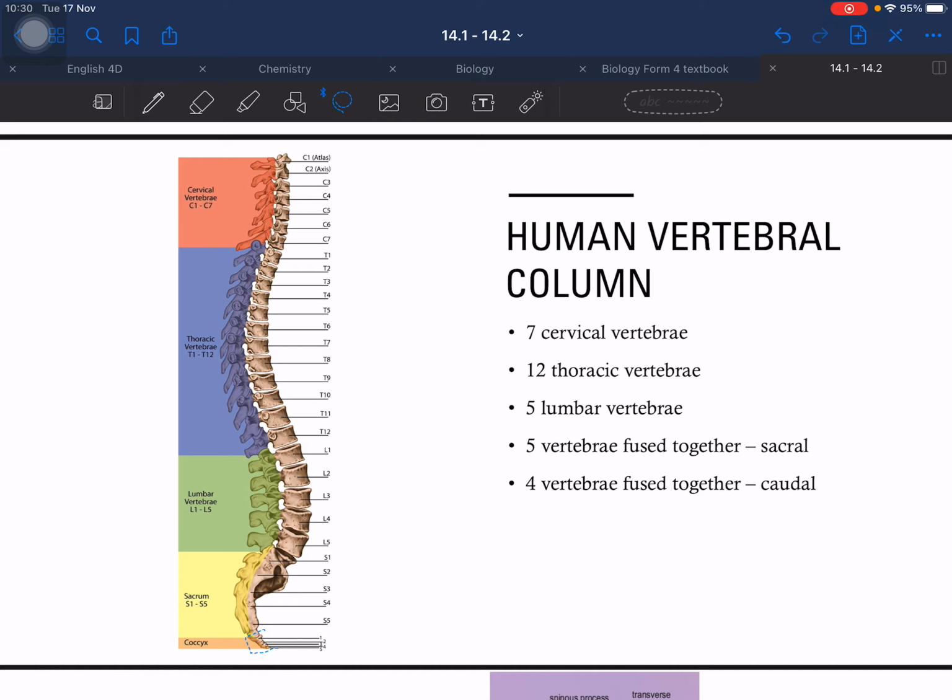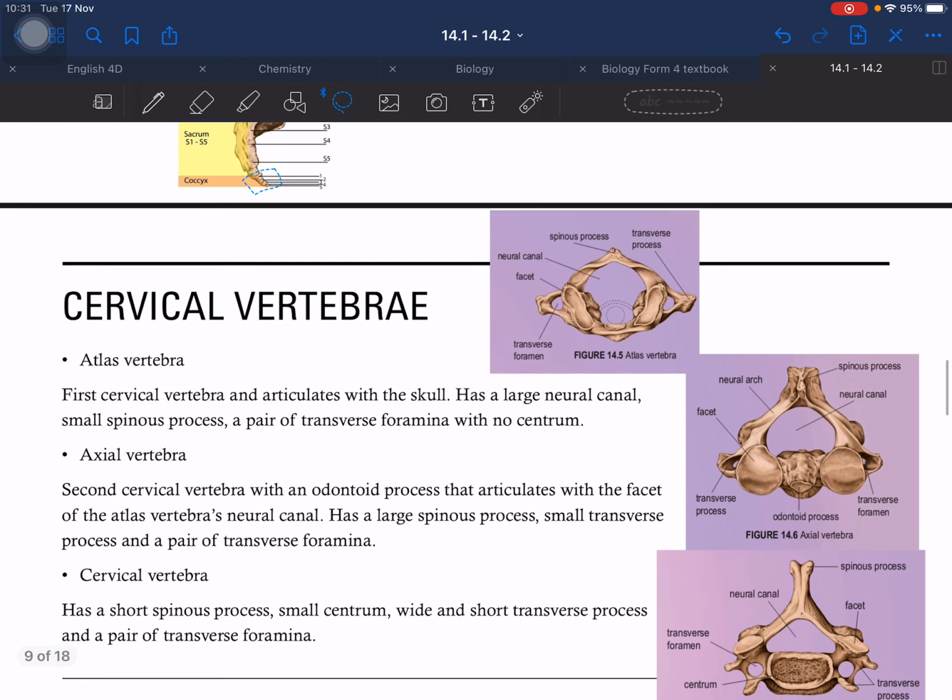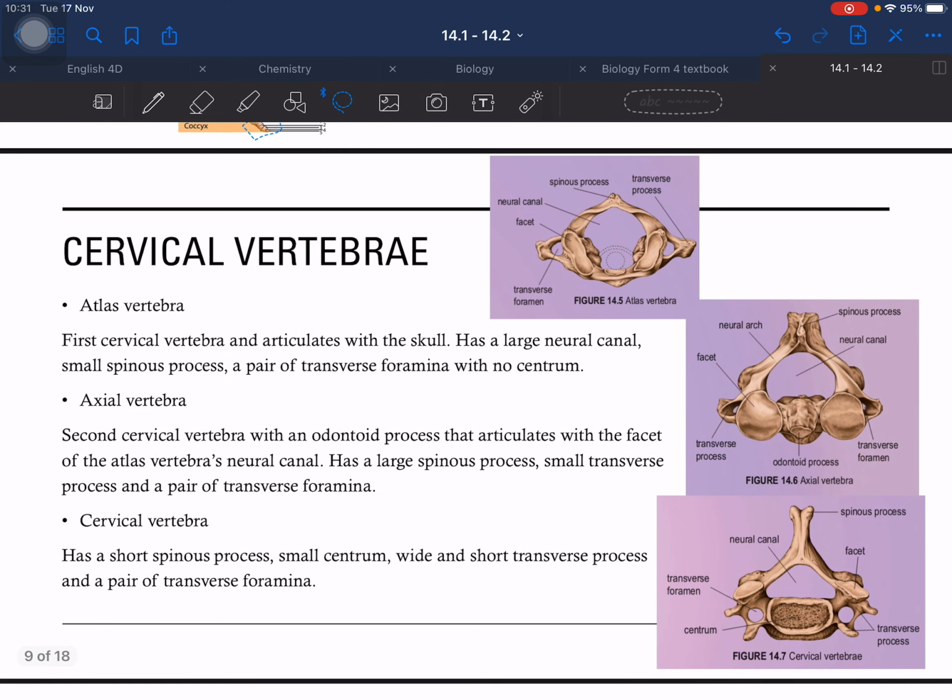Still very small. So this is your tailbone, right? It is called the caudal vertebrae, or the coccyx, or the tailbone, right? 5 different columns. We'll start with the cervical vertebrae, which is the first part.